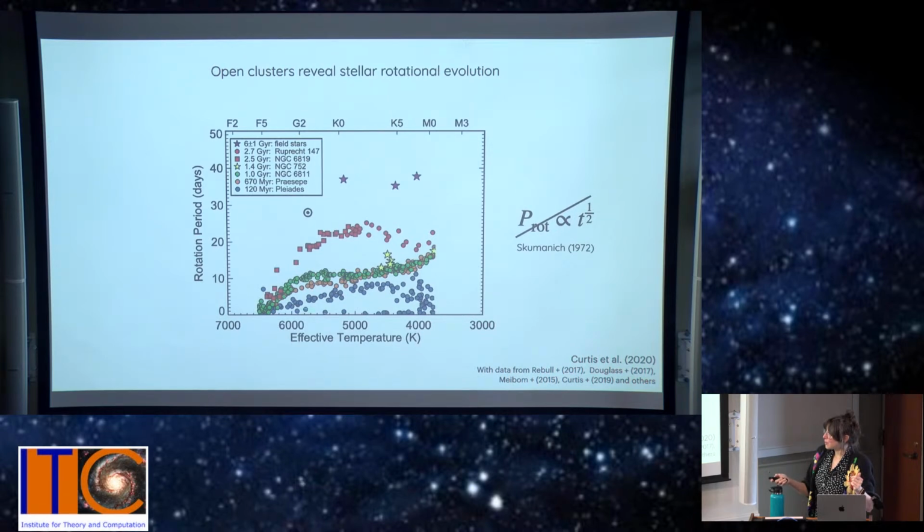So again, blue is a young cluster at 120 million years. Then we've got orange, 670 million years, Praesepe. And then green, there's a gigayear-old cluster there. The K dwarfs lie right on top of the younger cluster. The G dwarfs are still spinning down, but the K dwarfs seem to have temporarily stalled their spin down.